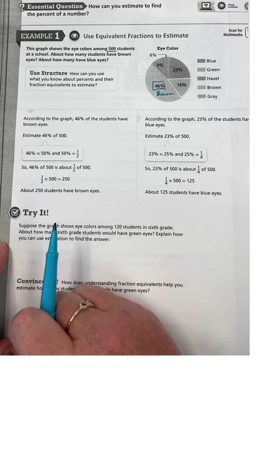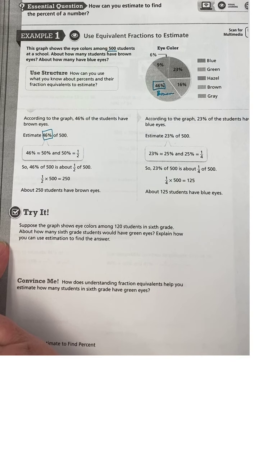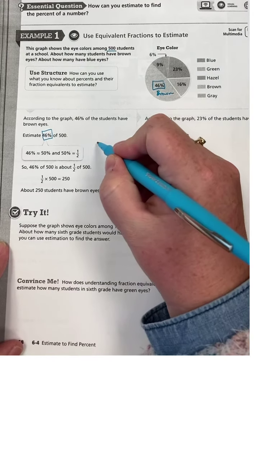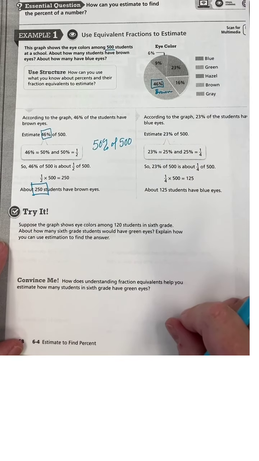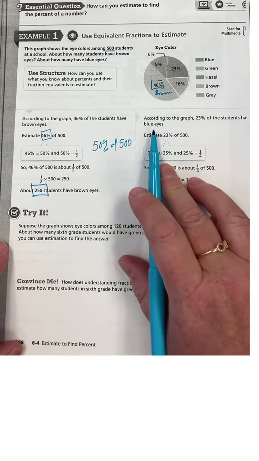So it looks like brown is 46%. And 46% is really close to a nice and neat number, about 50%. So 50% of 500 right there. I know many of you could just do that in your dreams with your eyes closed. So about 250 kids.